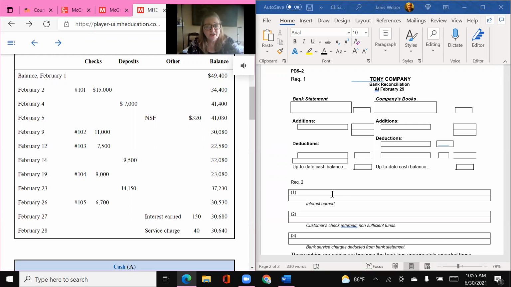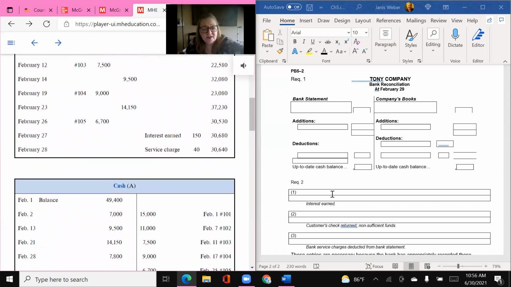Then these other transactions are all adjustments that need to be made to the book side because those are things the bank knows about that they have not notified us of, possibly until we get the bank statement. So all the things in the other column are going to be adjustments that we have to record in our books. So let's go ahead and look at the T account right quick.